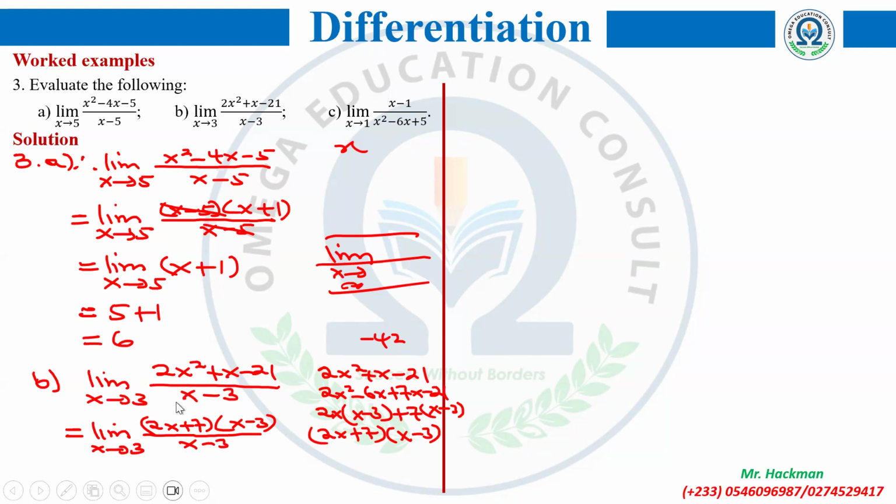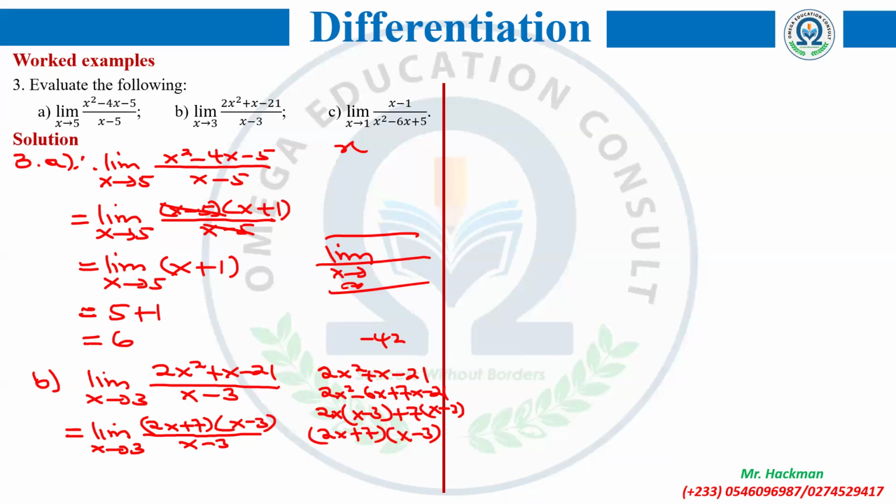If you substitute and it won't give you 0, then direct substitution is allowed. So 3 obviously will be out. It's because we realize that we can't directly substitute the 3. That's the more reason why we are doing all this, so that we take care of the 3 which didn't allow us to carry out direct substitution. Do you get the point now?